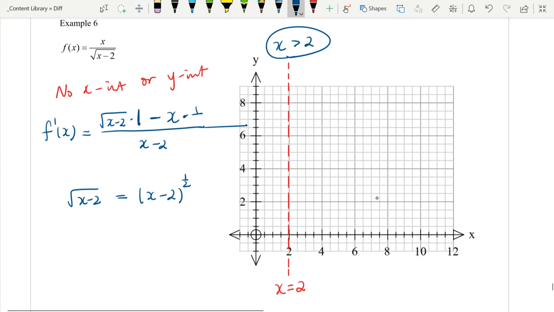So it's 1 on 2 times 1 over square root of x minus 2, minus 1, so it's negative a half. Negative a half is 1 on square root. Just make it look a little bit better.